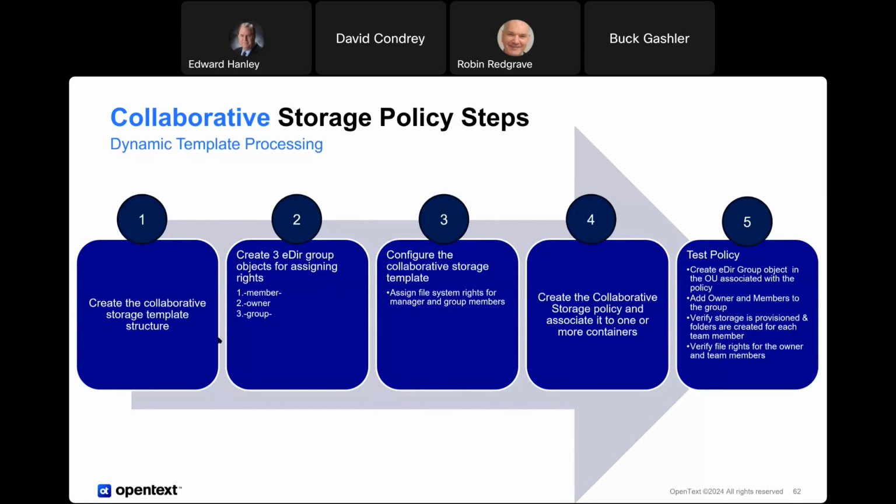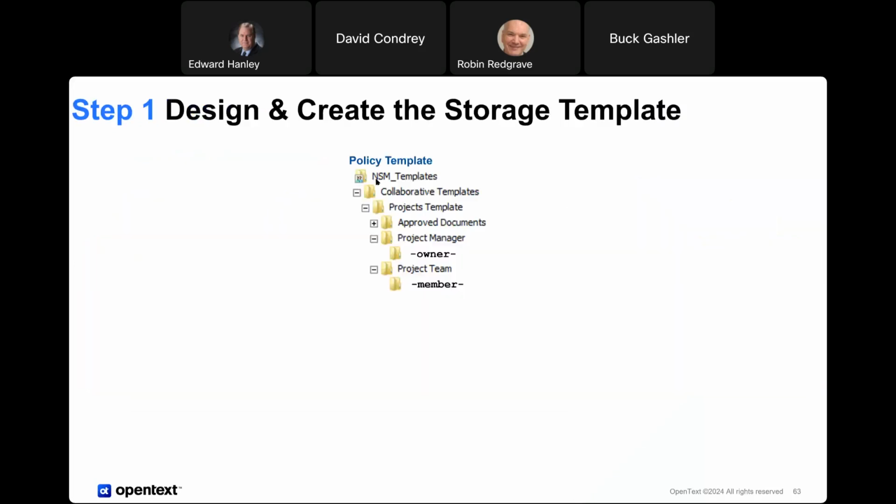So there's kind of 5 steps to setting this up. I'll just walk through and give you an idea of what this even means. The first thing is, let's just say that we want some uniform approach to how we're managing our projects in this area of the company or the organization.